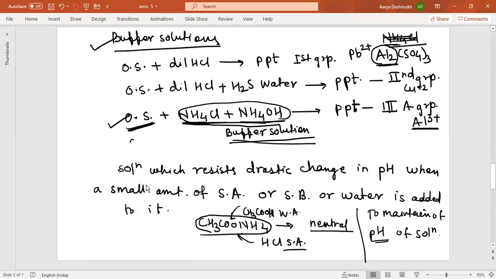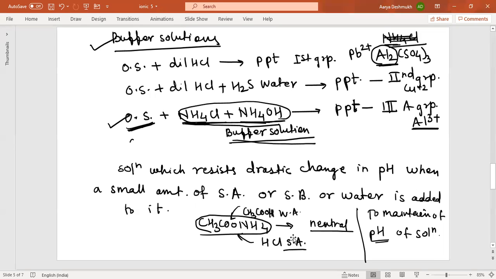Now, what actually is a buffer solution? A buffer solution is a solution which resists drastic change in pH when a small amount of strong acid or strong base or water is added to it. Just to maintain the pH of the solution, we add this buffer solution.